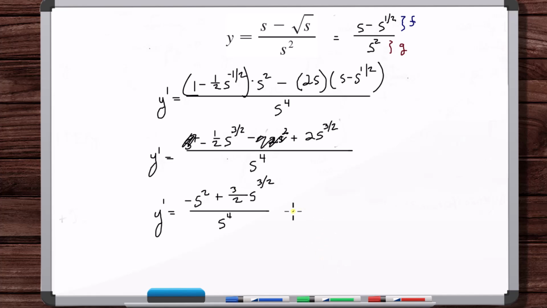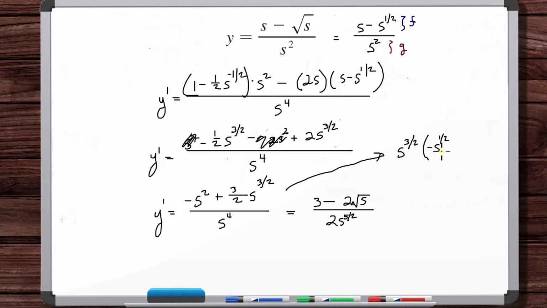The book gives this answer. The book says you have 3 minus 2 root s over 2s to the 5/2. So what they do is, I guess they factor out an s to the 3/2 in the numerator, and you're left with what? Minus s to the 1/2, right?